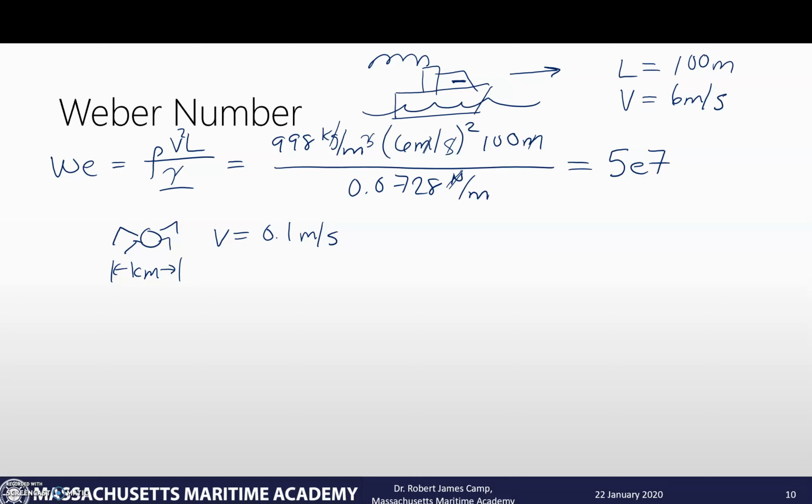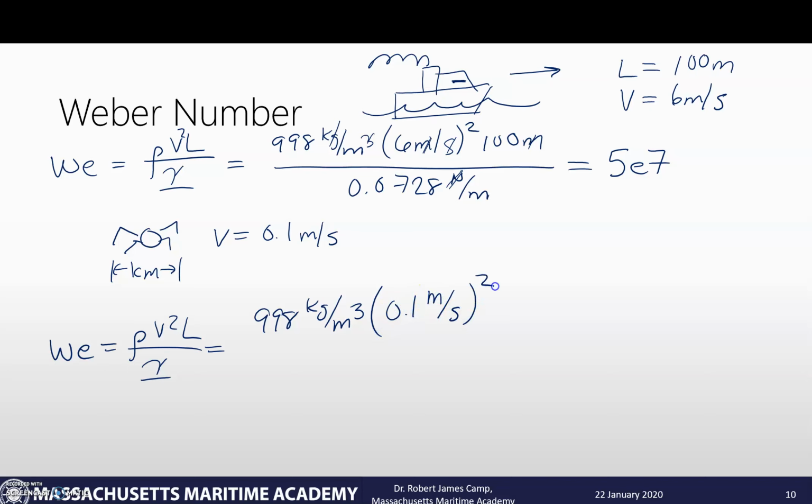Now let's calculate it out. Is that important? There's our Weber number again. Just rewrite the equation. So density 998 kilograms per cubic meter. I have my velocity of 0.1 meters per second squared. I have my length of contact as 1 centimeter. And that's 1 meter is 100 centimeters to get the units to work out.